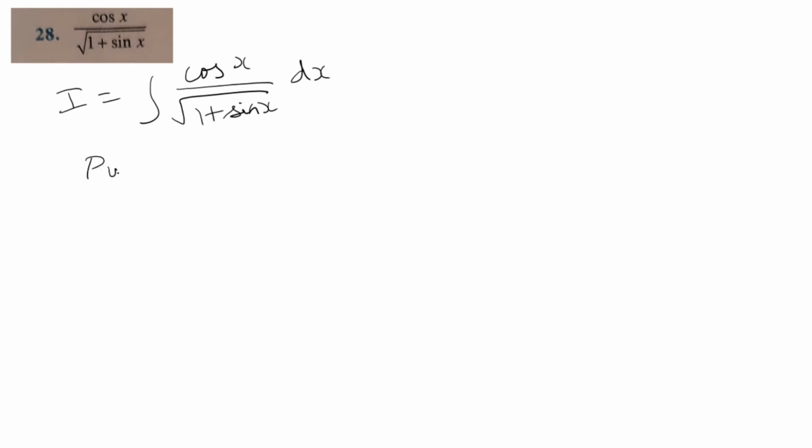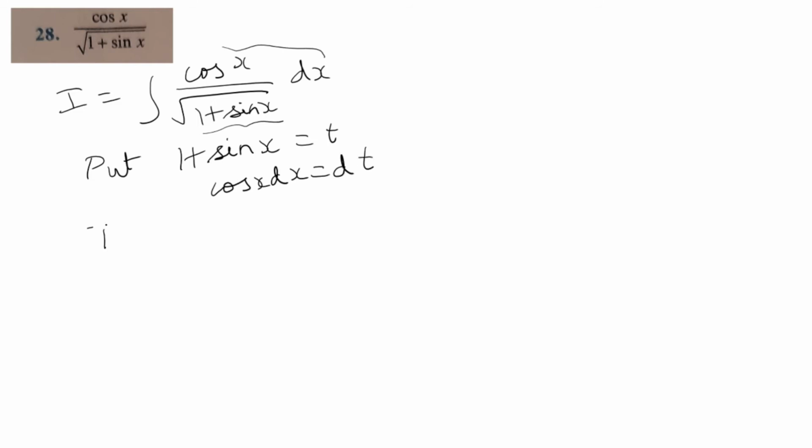We can put 1 plus sin x as t because the derivative of this function, cos x dx, is in the numerator. So when we differentiate, we get cos x dx is equal to dt. So I is equal to integral dt by square root of t, that is equal to t raised to minus half.